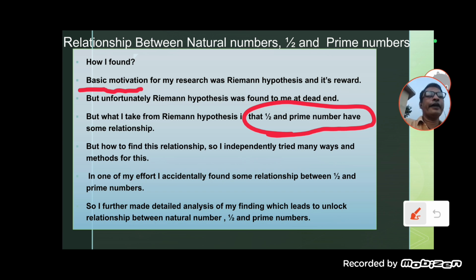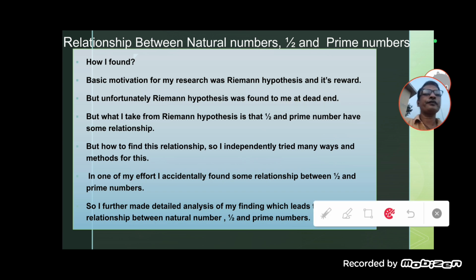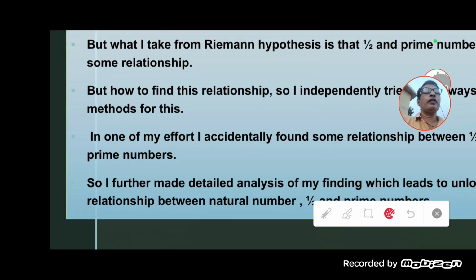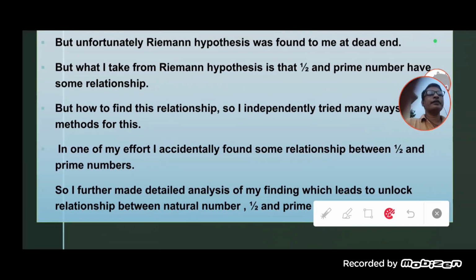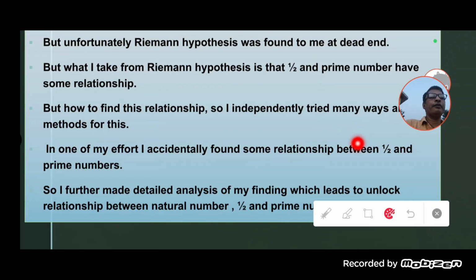In one of my efforts, I accidentally found some relationship between 1/2 and prime numbers. I then made a detailed analysis of my finding, which led me to unlock the relationship between natural numbers, 1/2 and prime numbers. After trying multiple times, methods and ways, I finally got the relationship.